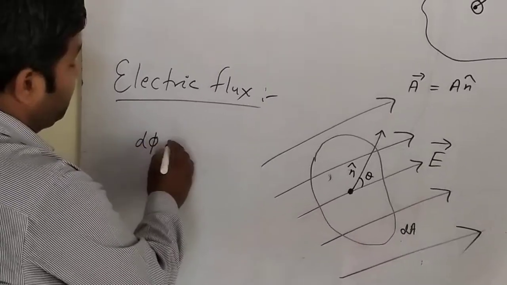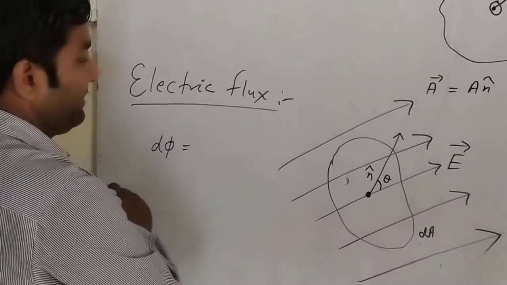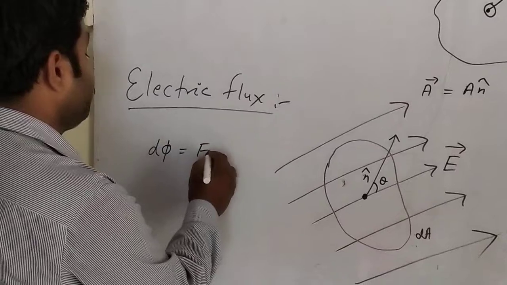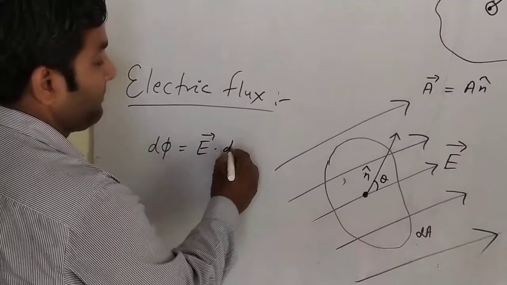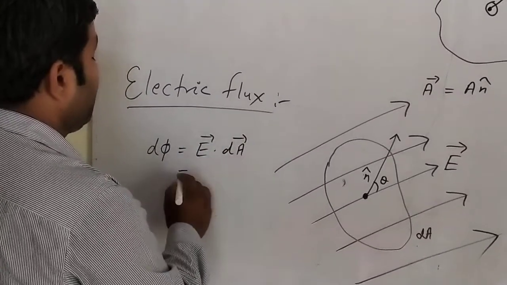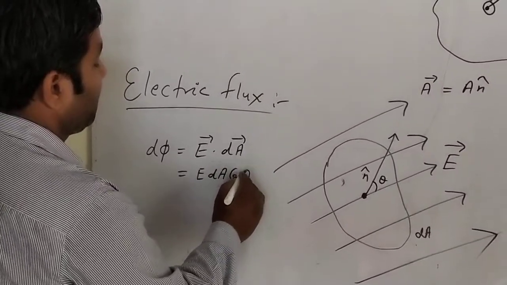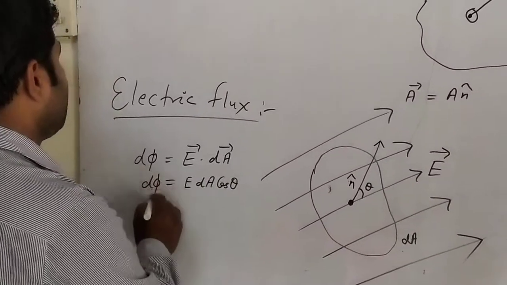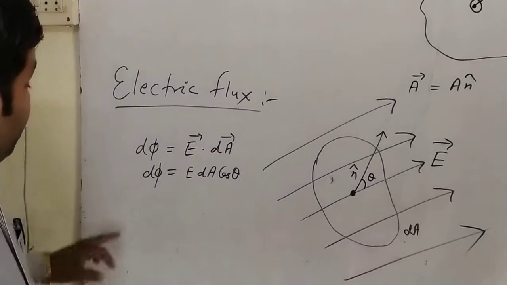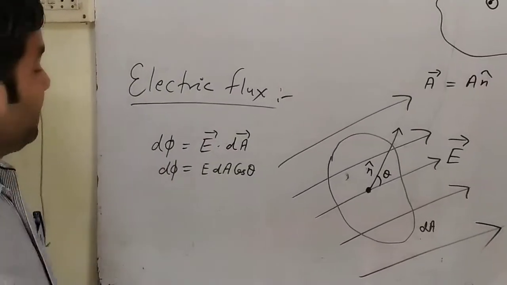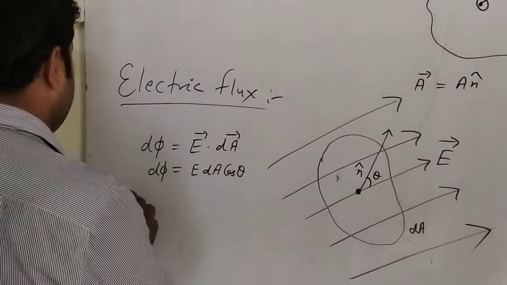So what is flux? Flux is a scalar quantity equal to E dot dA, or E dA cos theta. This is the small amount of flux, and whenever we have to calculate the total flux, we integrate it.